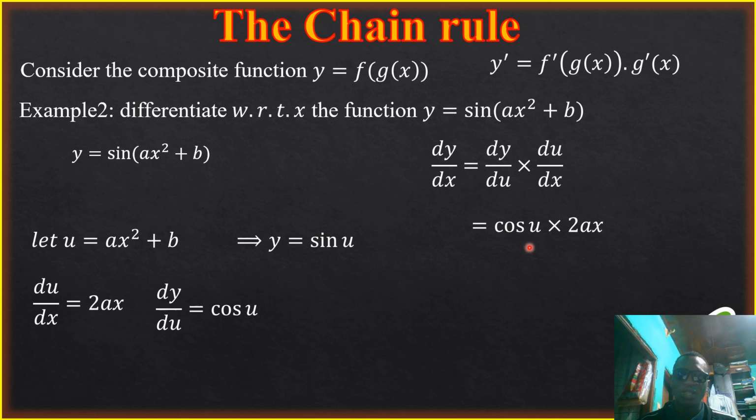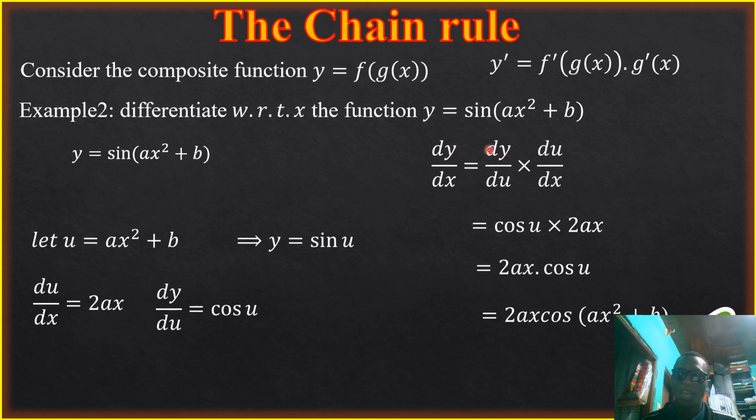Finally, we have to replace our u. u is equal to ax squared plus b. So that will become 2ax cos u, and then you replace your u, and that is the final answer. Look at how you can solve this question smartly.